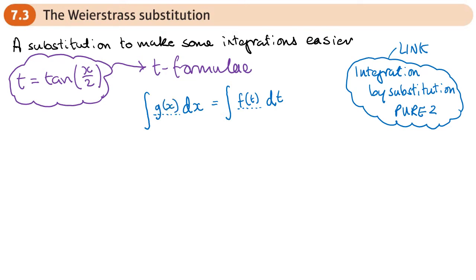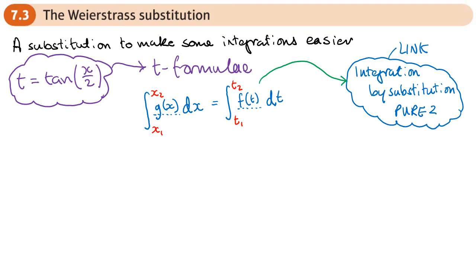And if we have limits, let's call these limits x2 and x1, we'll change these limits as well so that they're in terms of t. If this is all new to you, have a look at the link, and that will help you.